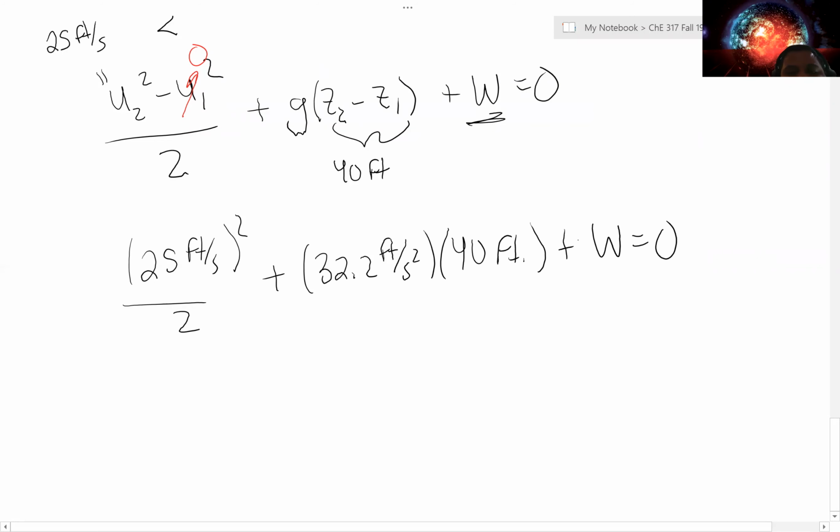Notice that both of these terms are positive, meaning if I'm solving for work, my work term will actually end up being negative, which is what we should be expecting because work is negative when done on the system. So if I solve for that work term by multiplying everything out and adding it together, I should end up with negative 1600.5 feet squared per second squared.